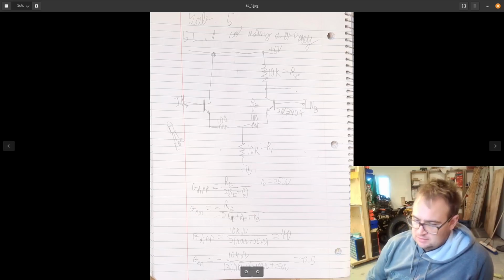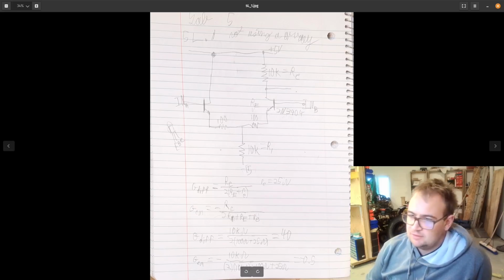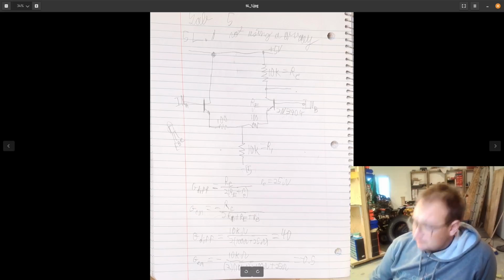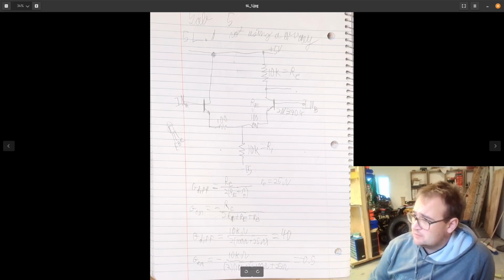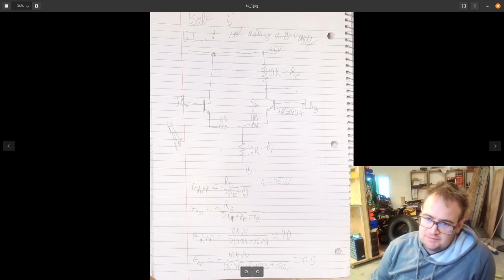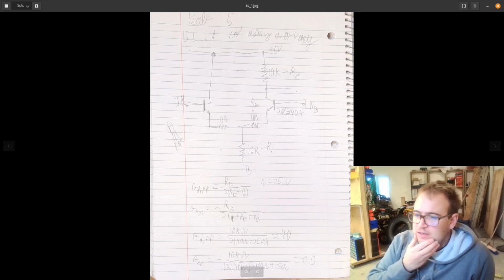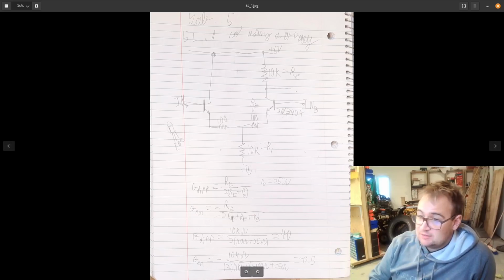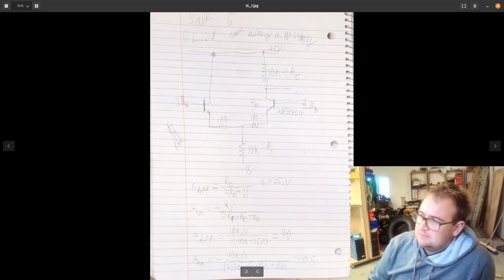This schematic is found on page 209 of Learning the Art of Electronics. However, there are some differences on mine. First of all, I'm using plus 5 volts and minus 5 volts because I'm using the Analog Discovery 3 to create that. I modeled that, and put that into the schematic already.